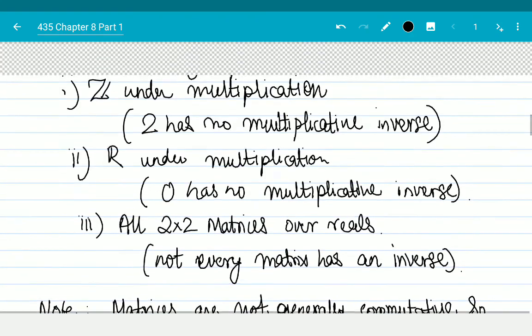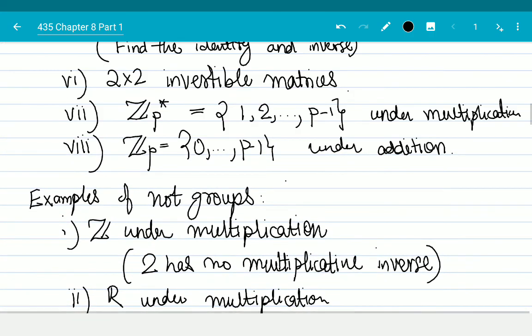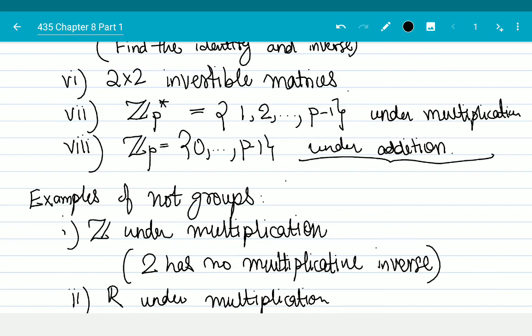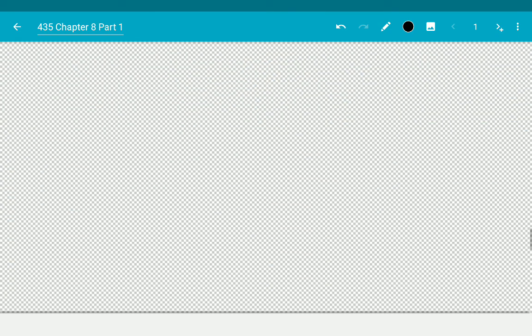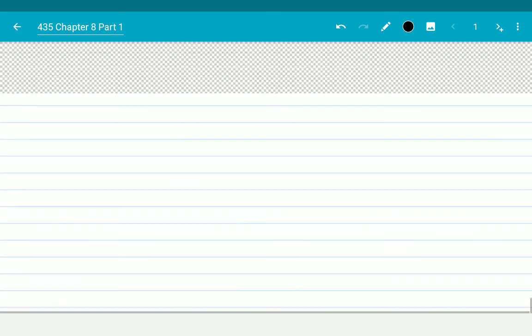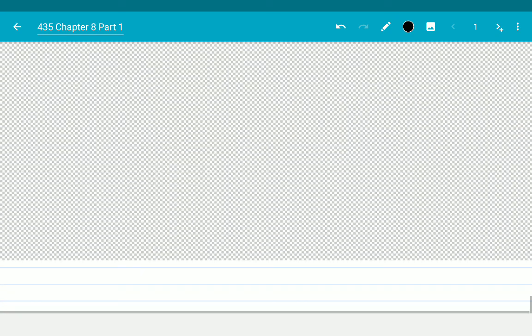I said I am looking at Zp star for prime p, which is 1 to p minus 1. I probably forgot to mention these here, but whenever I write a p nowadays, it's going to be a prime.